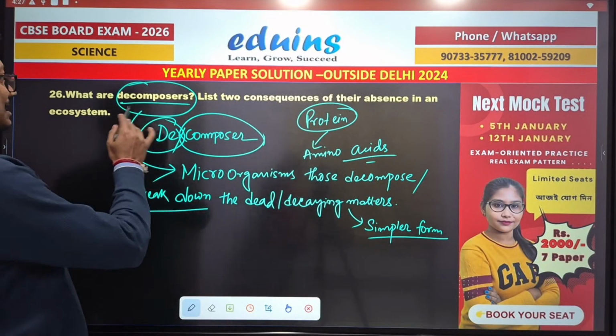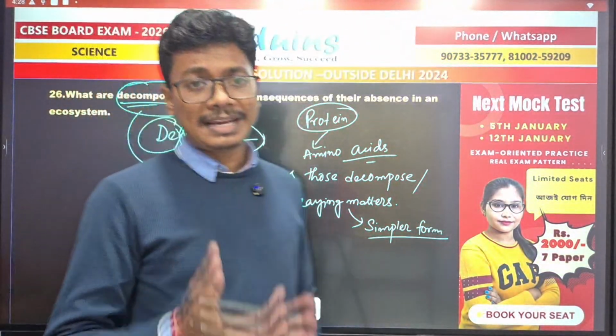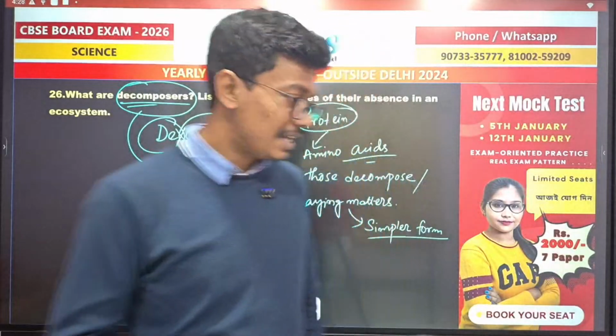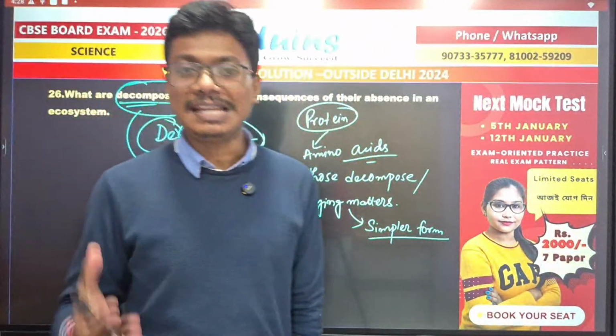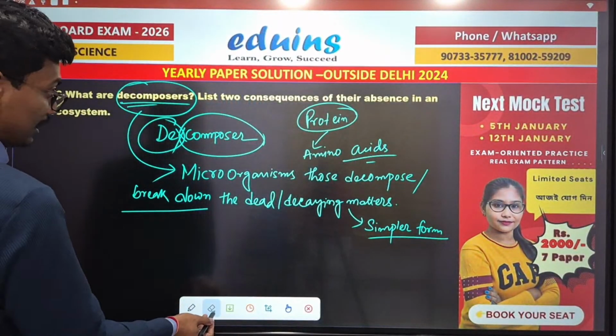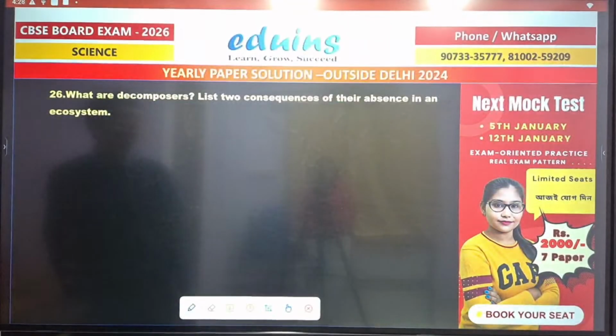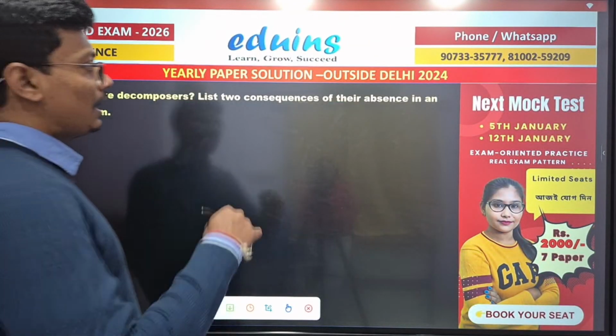So these are the decomposers: microorganisms that decompose or break down substances, dead or decaying matter, into a simple state. So these microorganisms are known as decomposers. The next question is, list two consequences of their absence.